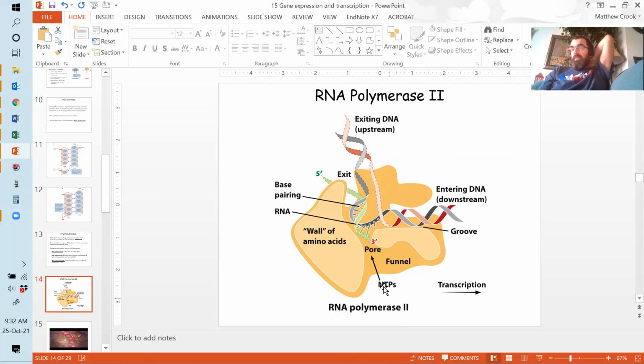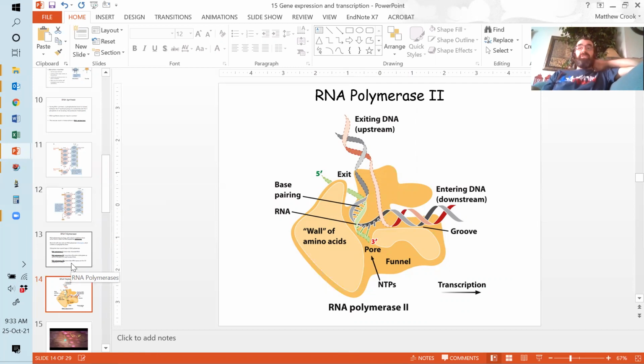RNA nucleotides come in, NTPs, and get added to the 3' end of the growing RNA strand based on base pair complementarity. That's really all there is to it. So the actual transcription part of transcription is fairly mundane.